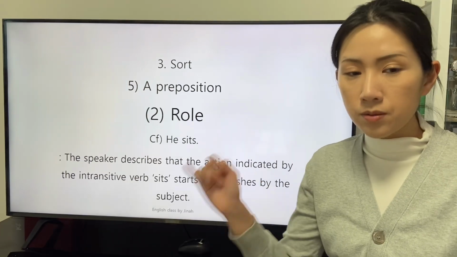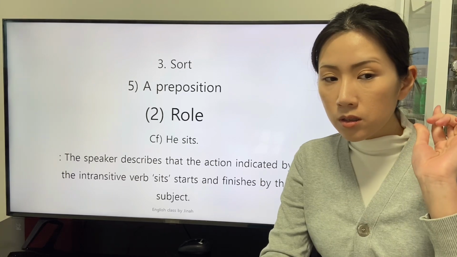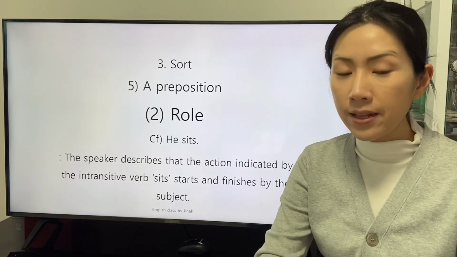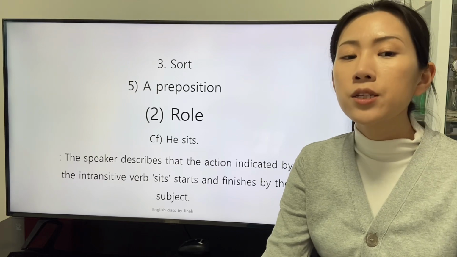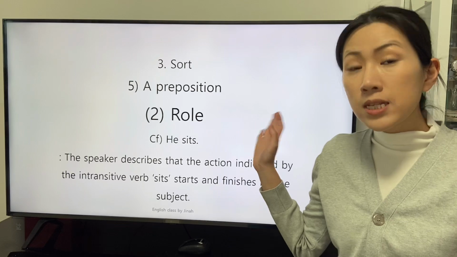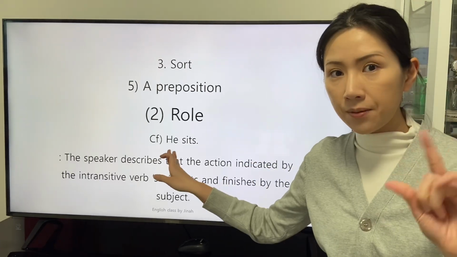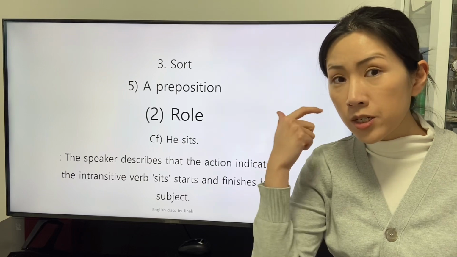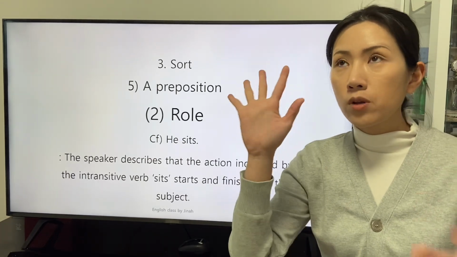There is a clause. He sits. The speaker describes that the action indicated by the intransitive verb sit starts and finishes by the subject. This clause describes only the subject, he. The listeners who hear this clause think of the action.